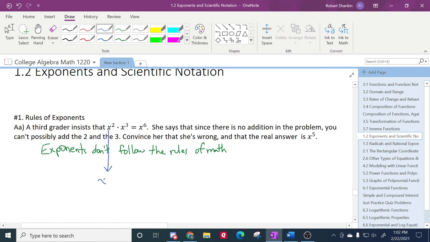So that would make just one big equation of x times x times x times x times x, which is x to the power of 5. I could put dots in between all of these. That's how I explained it.